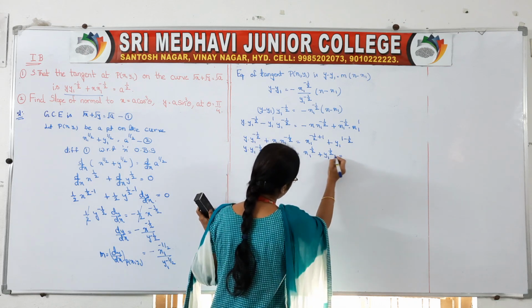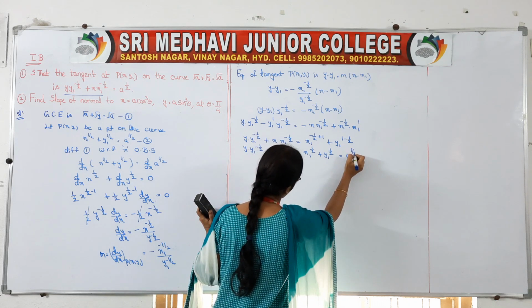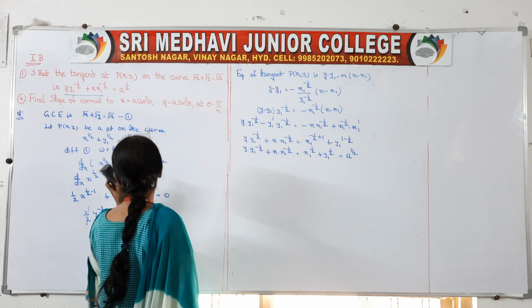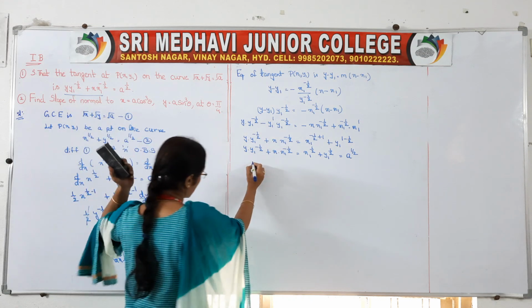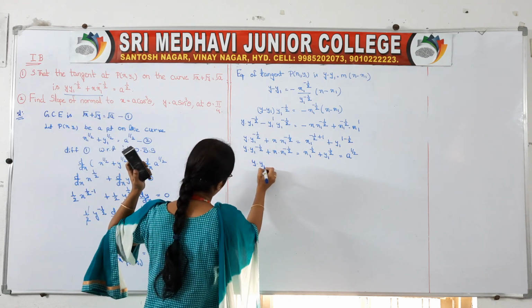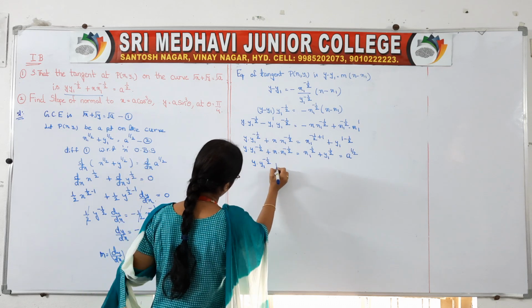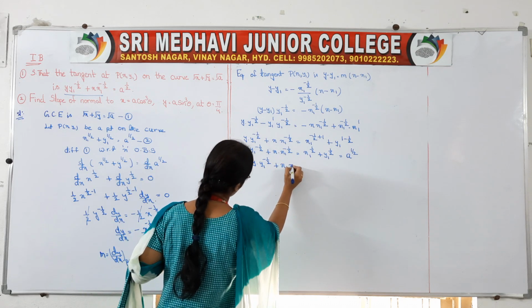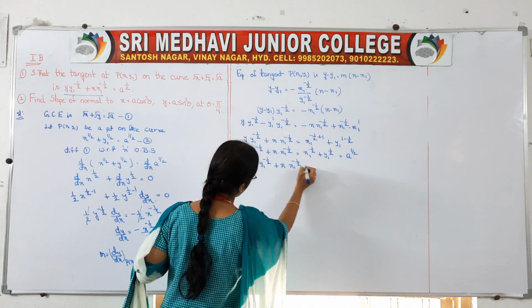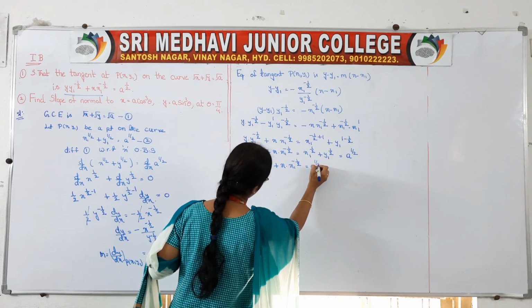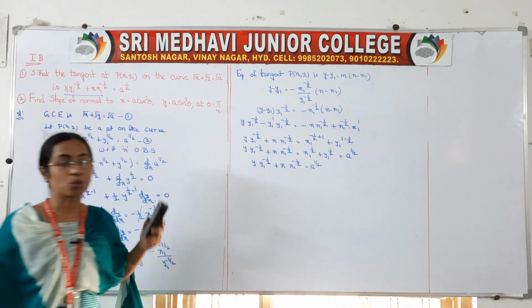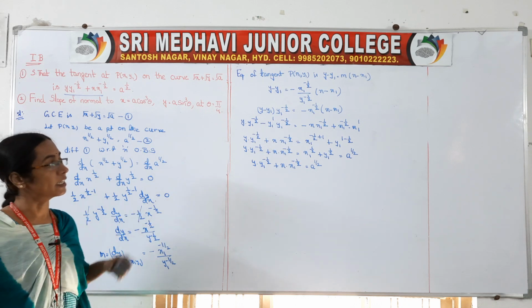So this is nothing but your a to the power of 1 by 2. So hence we proved. Therefore finally it is y1 to the power of minus 1 by 2 plus x into x1 to the power of minus 1 by 2 is equal to a to the power of 1 by 2, the equation of the tangent.